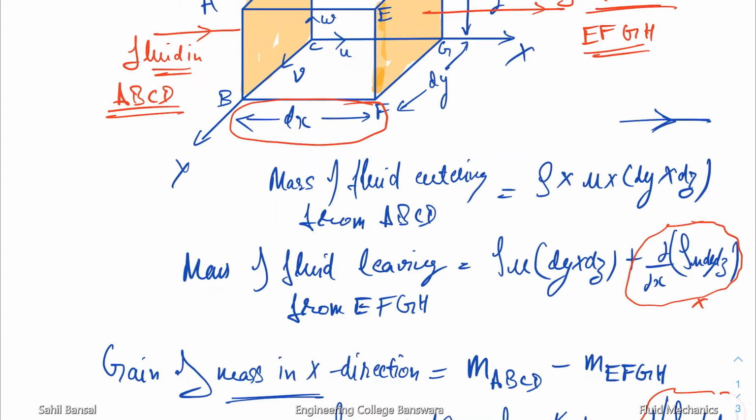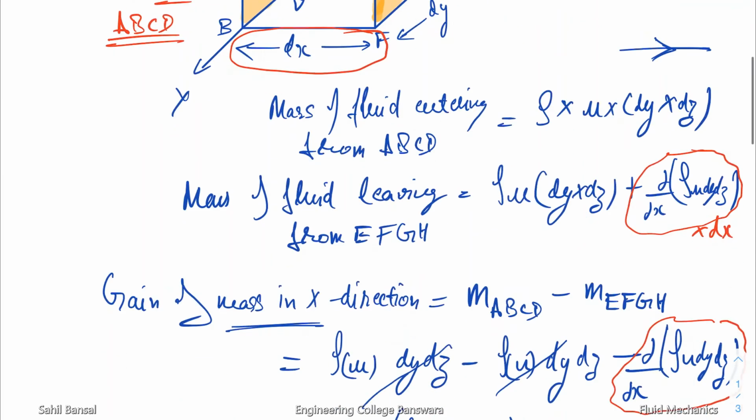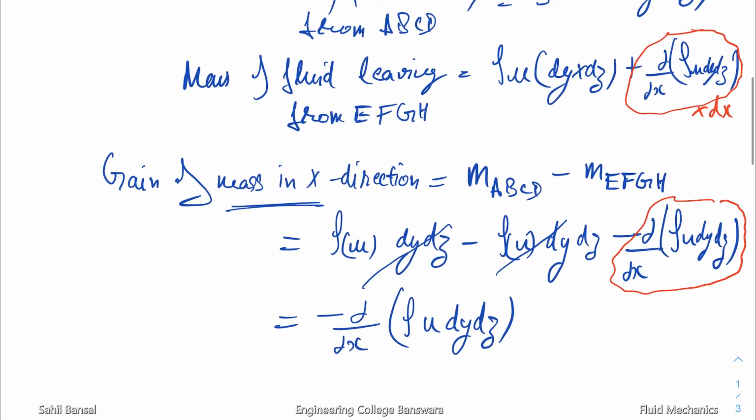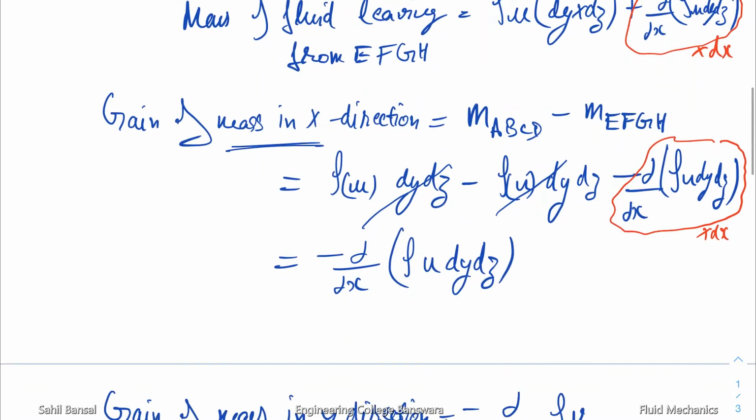What will be the actual mass change? The rate of change of mass multiplied by this length. So del by del x into rho u dy dz multiplied by this elemental length along x direction. What's that length? Into dx. Fine. So here also it will get multiplied by dx.